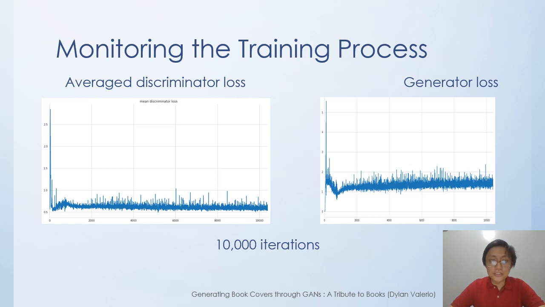For the training process, we've averaged the discriminator loss, just to summarize things. In the beginning, there is this period of very high loss over here for the discriminator, right? And low loss for the generator. So this is the case where the generator is repeatedly fooling the discriminator. The discriminator, however, rapidly corrected itself and stays superior in the training.